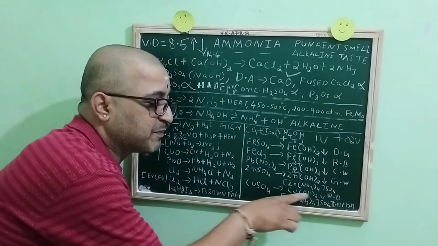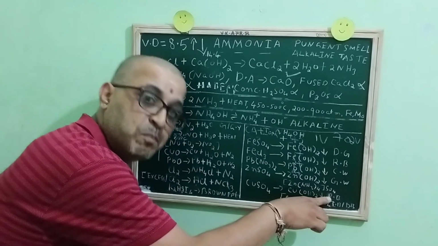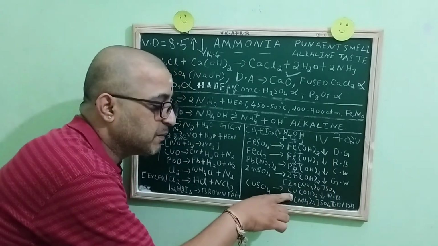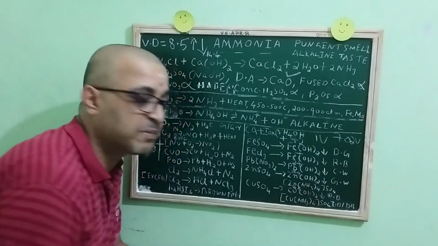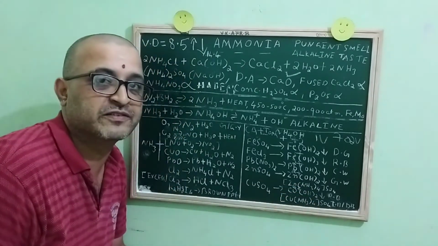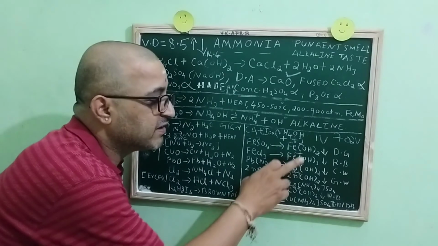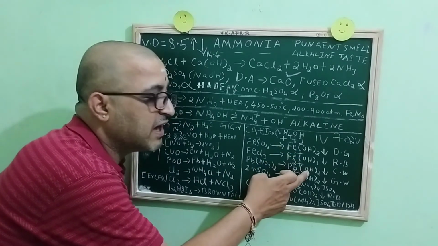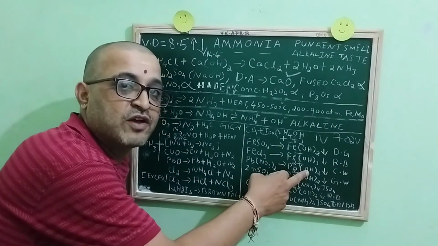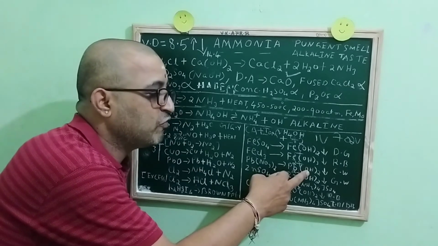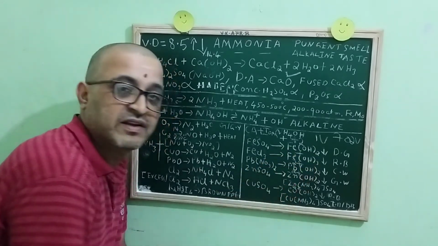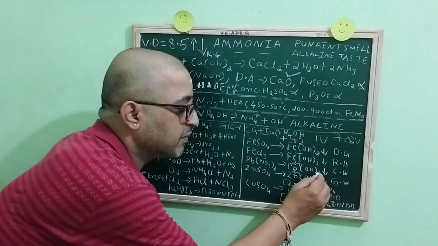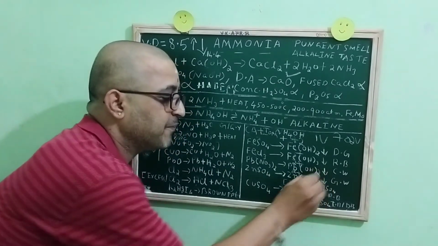Then if the precipitate is pale blue, it is copper hydroxide and the metal ion present is Cu2+. Children, the most important thing is that these three precipitates are insoluble in excess of ammonium hydroxide: Fe(OH)2, Fe(OH)3 and Pb(OH)2, sorry.